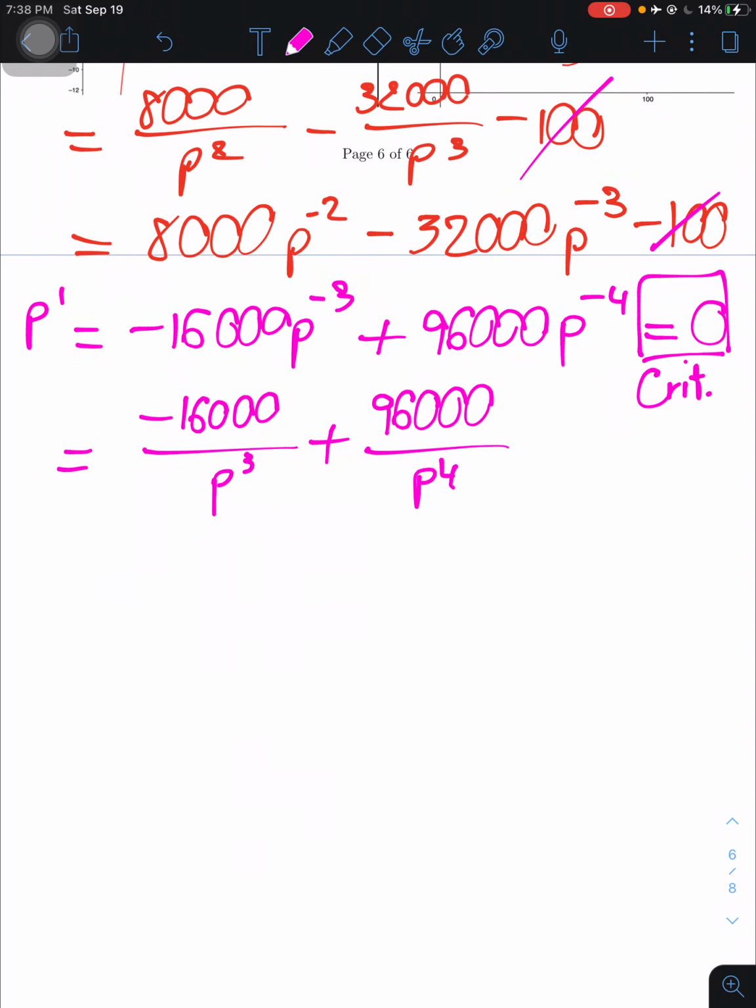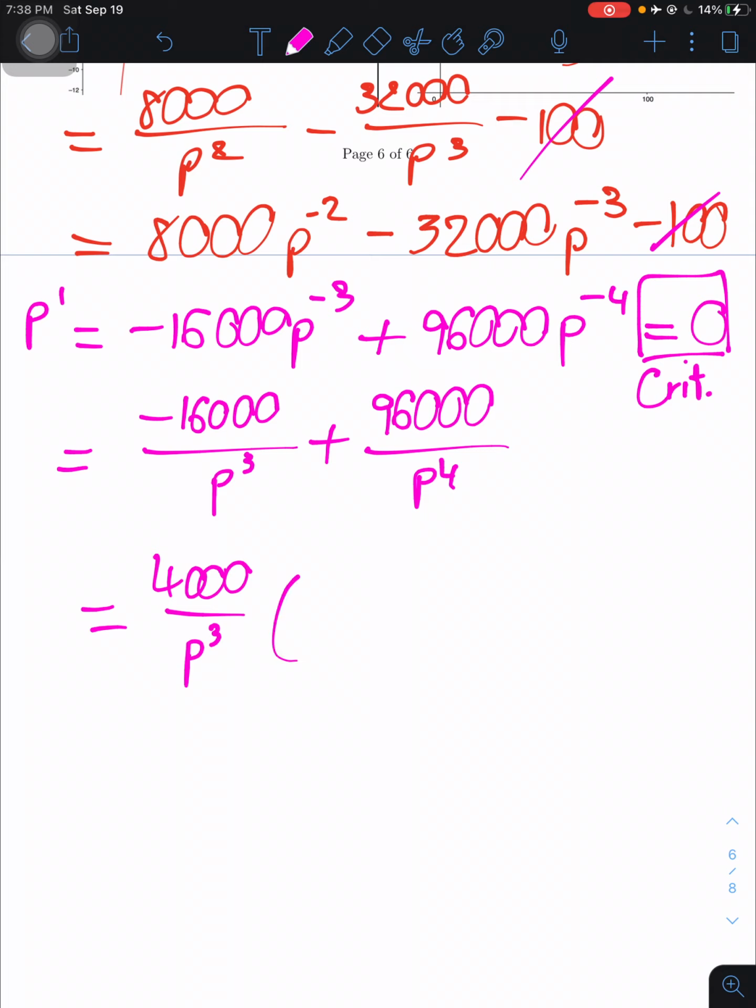And after that, I'm going to try to factor out as much as I can. So I'm going to factor out a p cubed on the bottom, and on the top part, definitely I'm going to factor out 1,000. But if you notice, we can also factor out another 4, so we can go for 4,000.